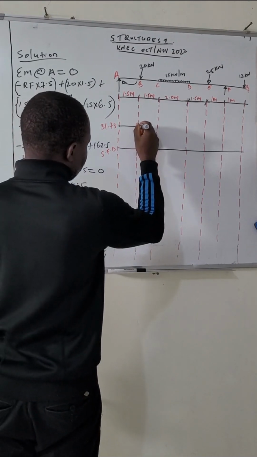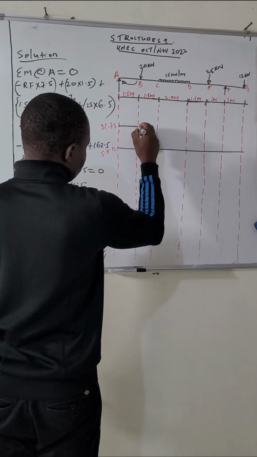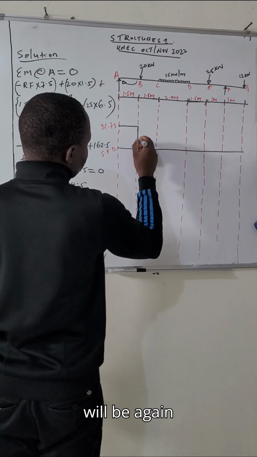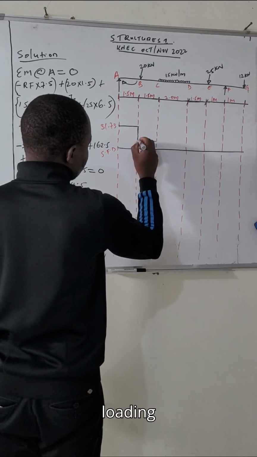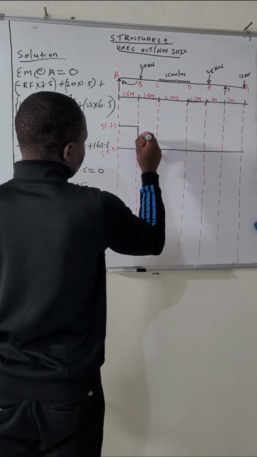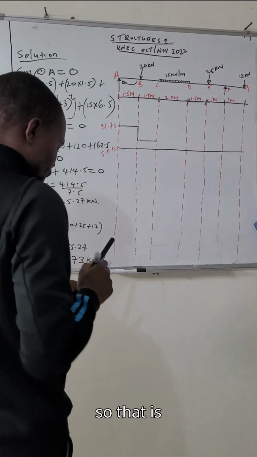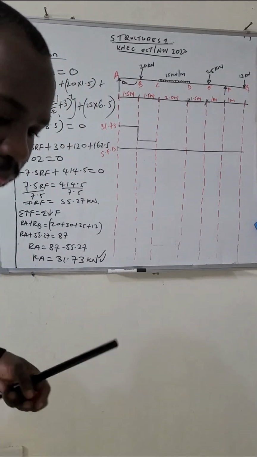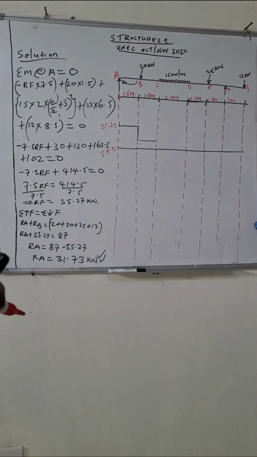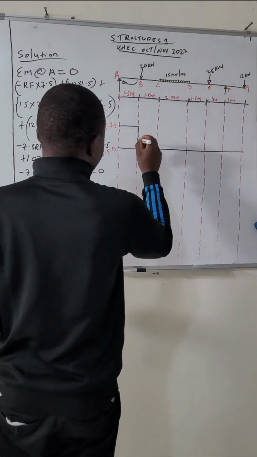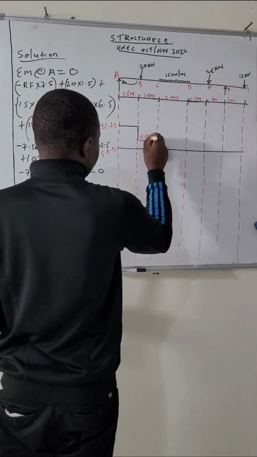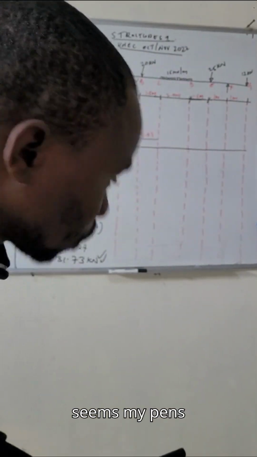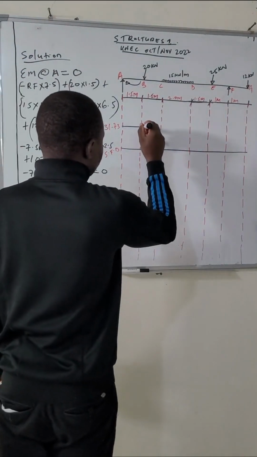So somewhere like there. It will again be constant up to the next loading, so that is 11.73. It seems my pens are not writing.